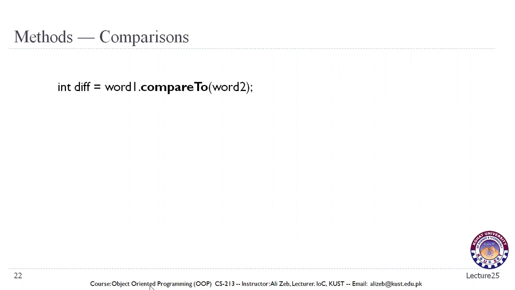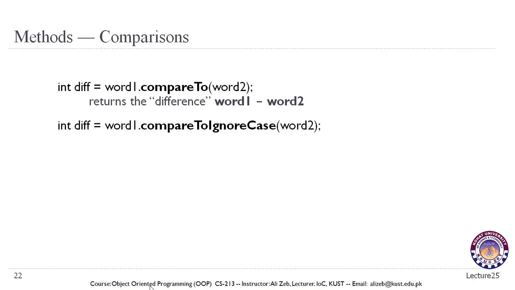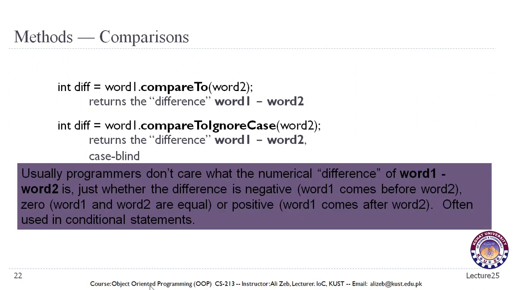We can also have comparisons of strings. So word1.compareTo(word2) will return the difference, or word1 minus word2. word1.compareToIgnoreCase(word2) will work the same, but case blind, returning the difference of word1 minus word2.